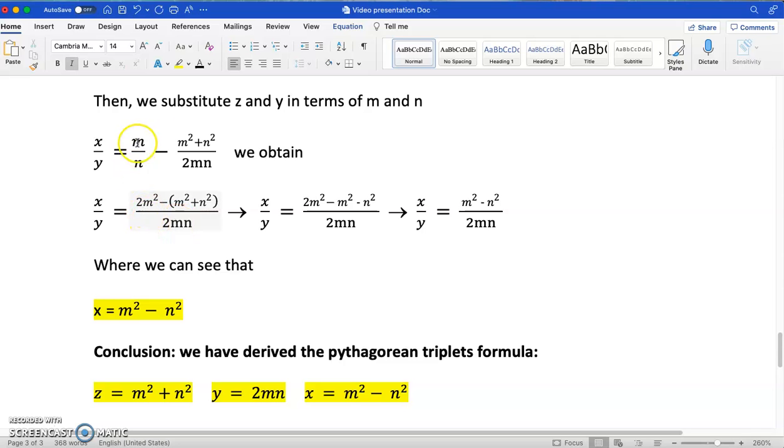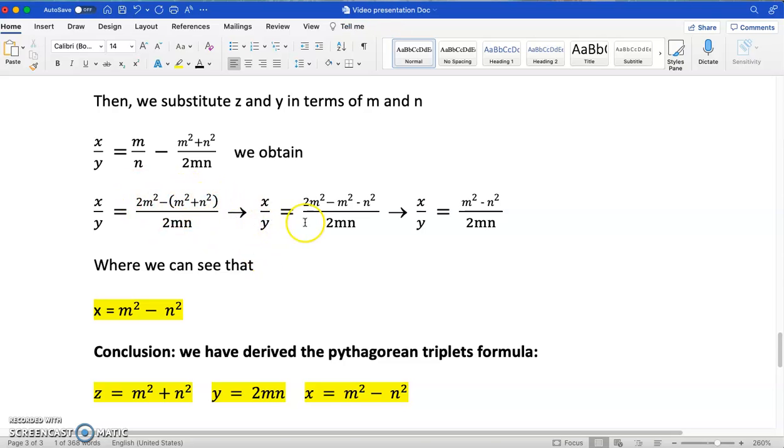We proceed to solve this subtraction here. So the common denominator here is 2mn. We get here 2m squared minus, between the parentheses, m squared plus n squared.